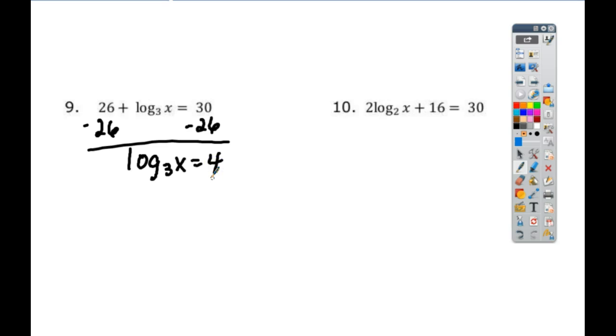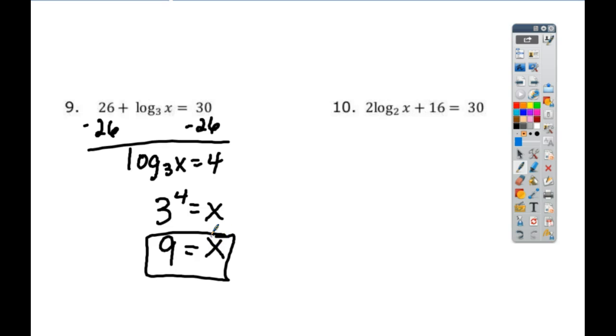So now I have one log, and to solve it, I have to do the circle thing. So I get 81. There you go. You are correct. It is 81. I was thinking 9 times 9.